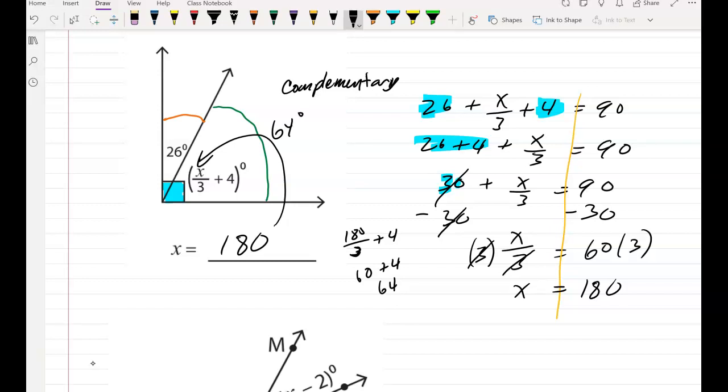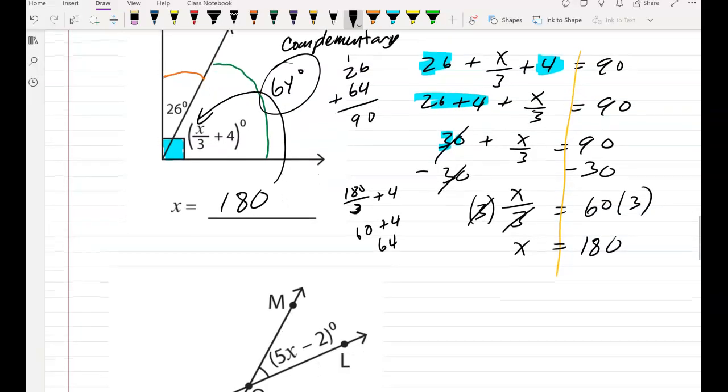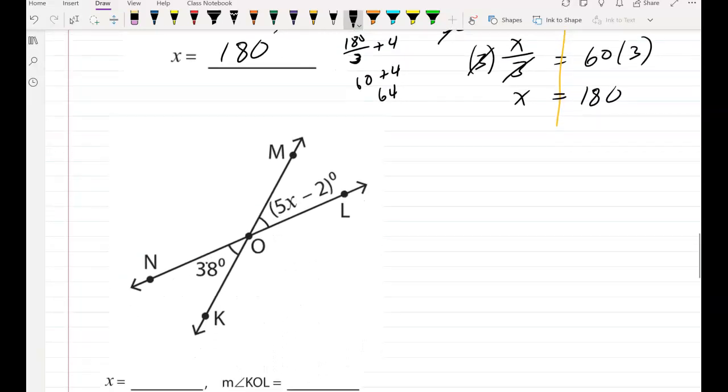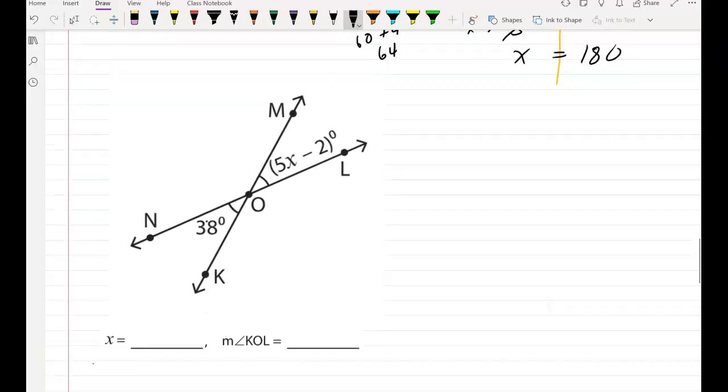And 26 plus 64 had better equal 90. 26, 64, yep, 90. So x is 180, and this missing angle here was 64. Excellent. All right, moving on to our next question here.